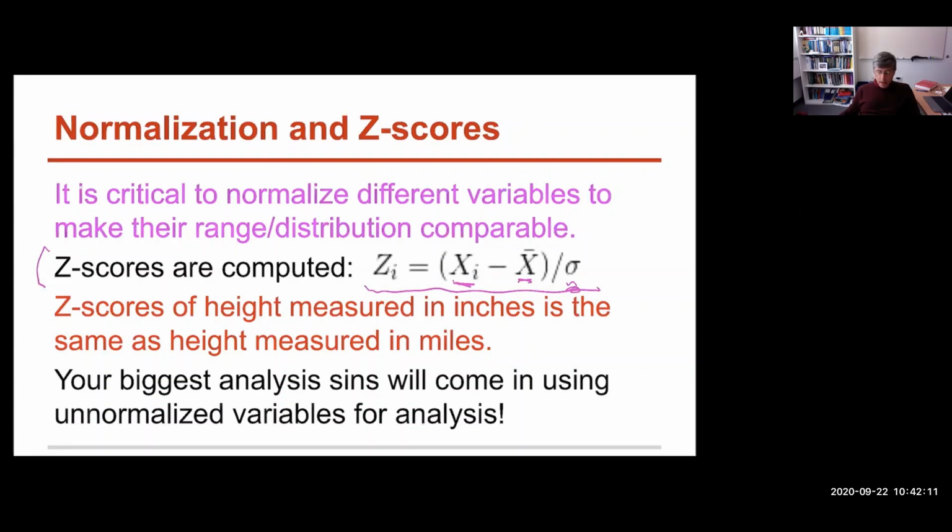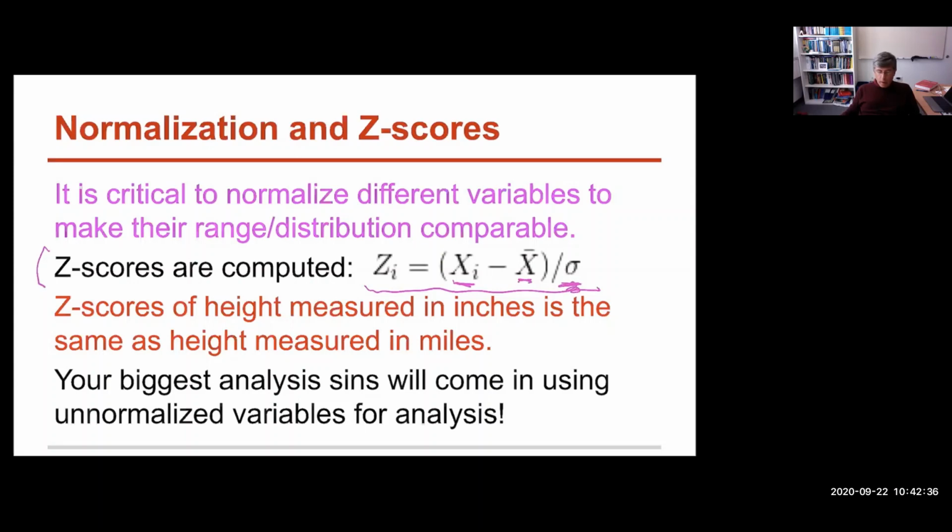Negative values mean the items are below the mean. Positive values mean the value is above the mean. The standard deviation normalizes it, so the standard deviation of the z-scores is actually 1.